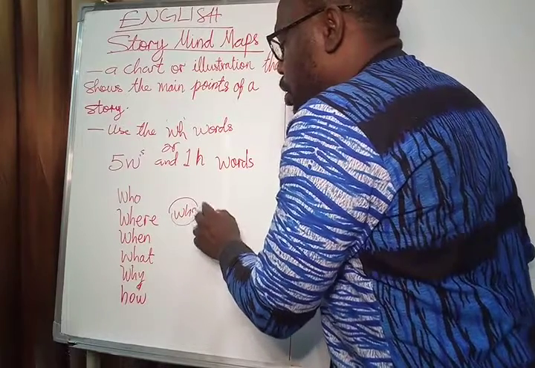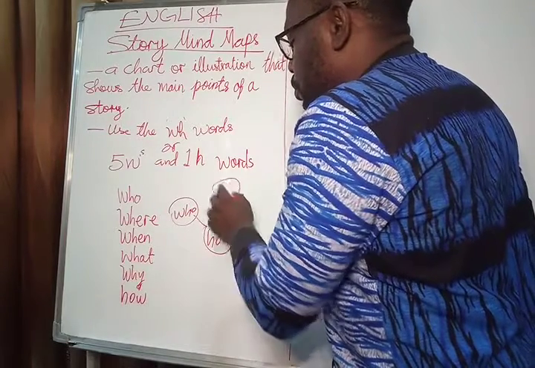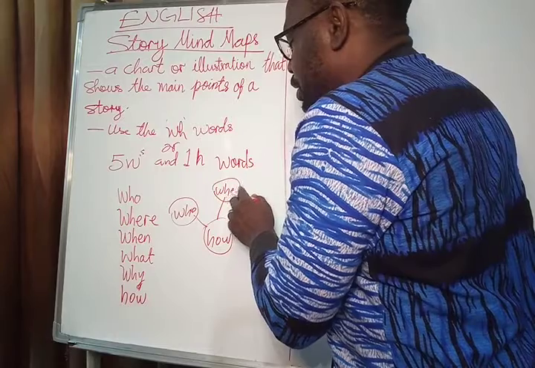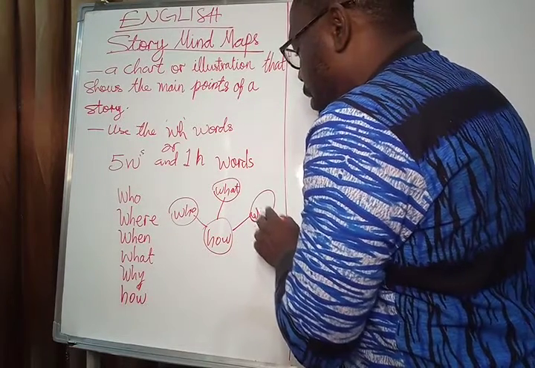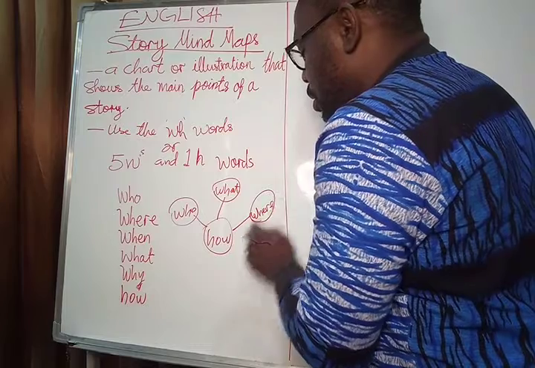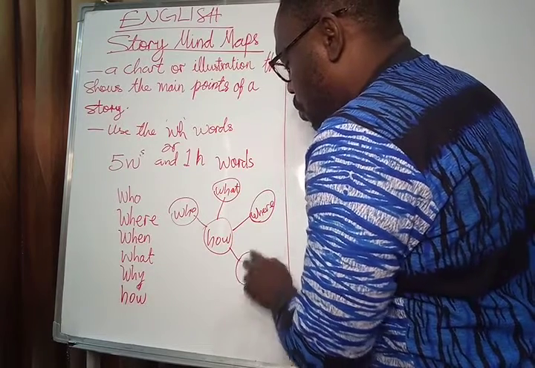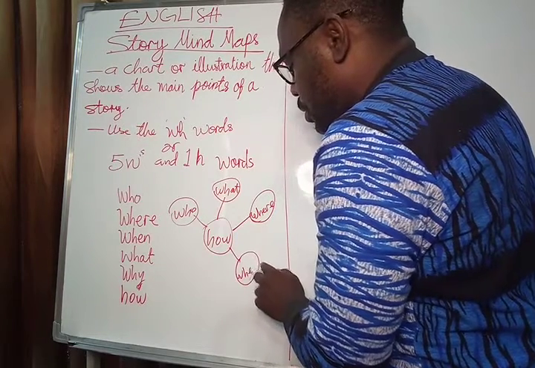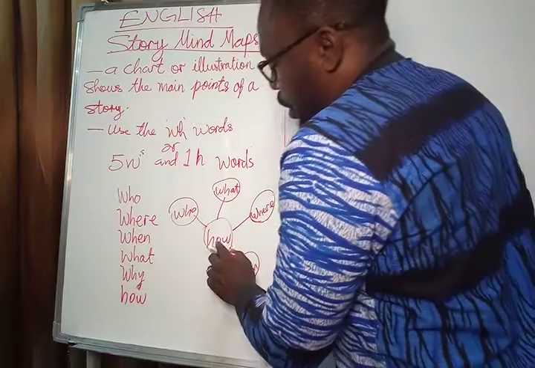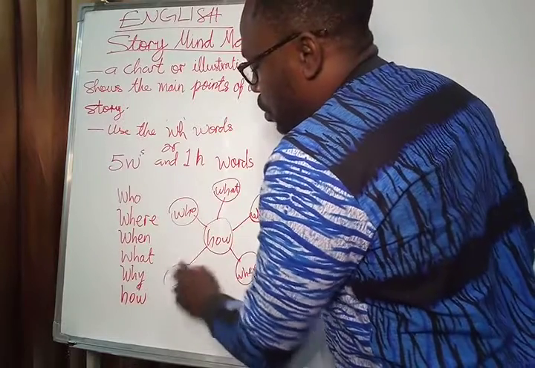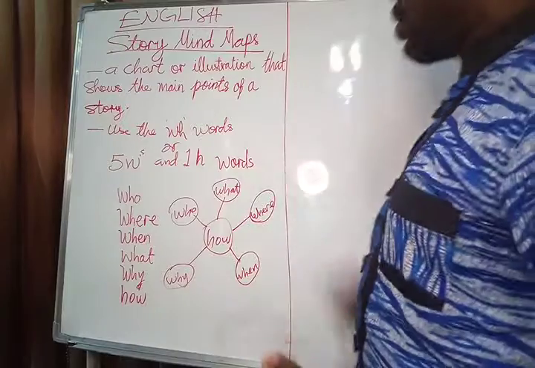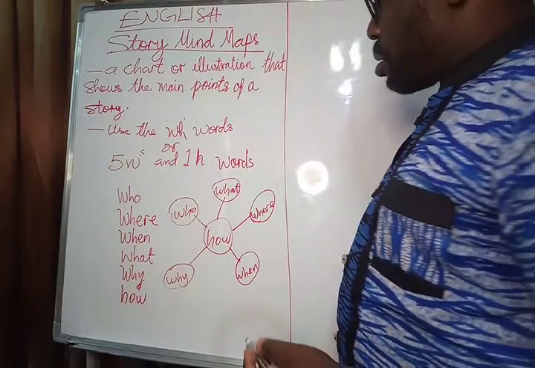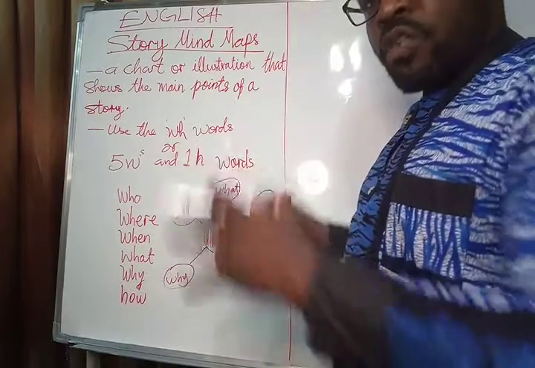So who, what, where, when, okay, and why. Now, this is the story map. This is an example of a story mind map.